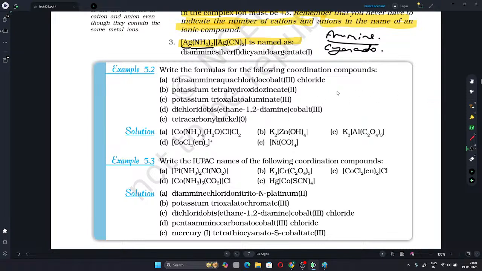Let's try B. It's an anionic complex because we have potassium here. Tetrahydroxido zincate(II), and first potassium. Wait, oops, I did the wrong one.